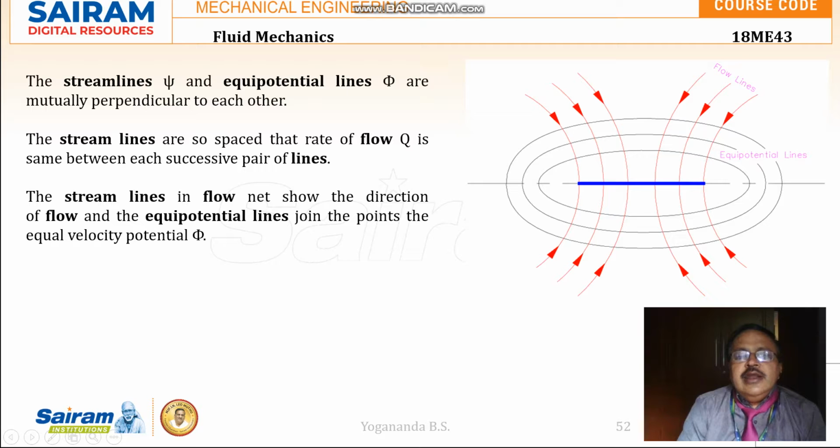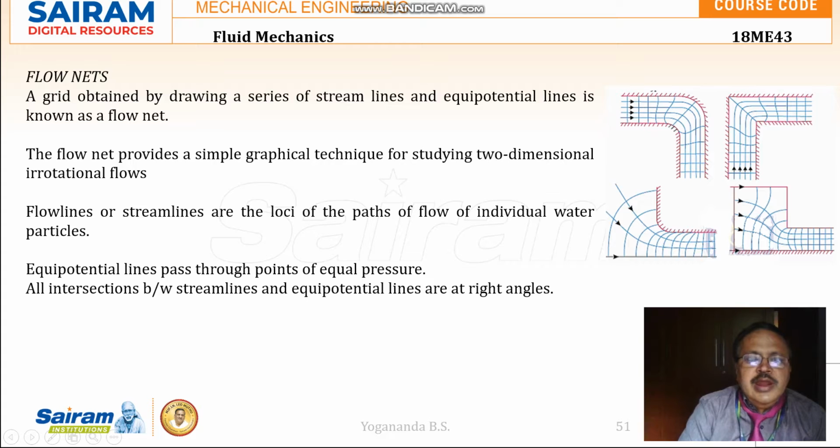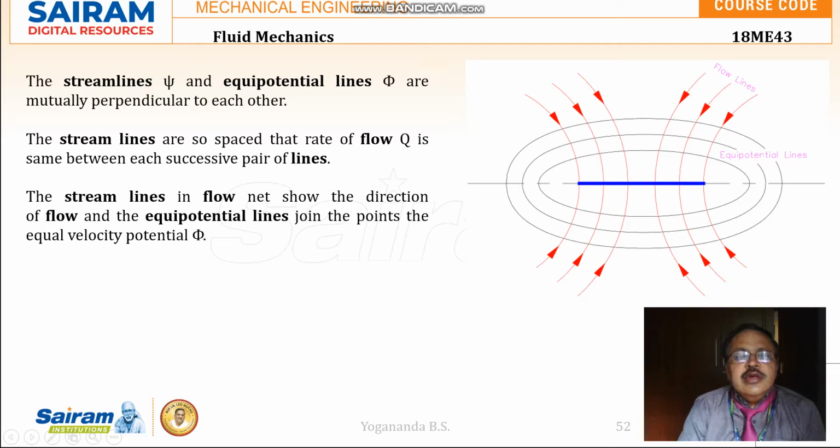This entire grid is called a flow net, obtained by drawing the series of streamlines and equipotential lines. The streamlines show the direction of the flow, as the arrow shows, and equipotential lines join the points of equal velocity potential phi.